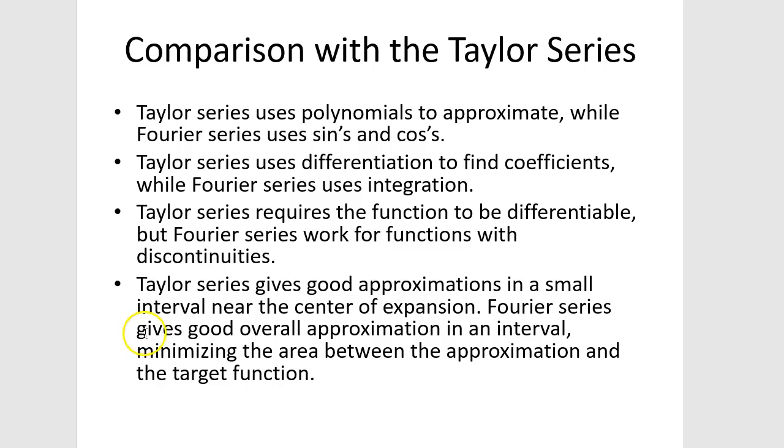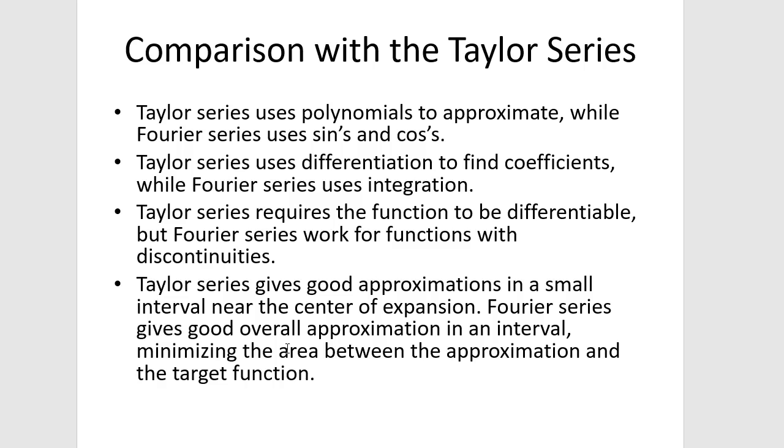Let's compare the Taylor series with the Fourier series. Taylor series uses polynomials to approximate, right? It's an infinite series, whereas Fourier series uses sines and cosines, trig functions. Now, Taylor series uses derivatives to find the coefficients, while for Fourier series, the formula for finding coefficients requires integration.